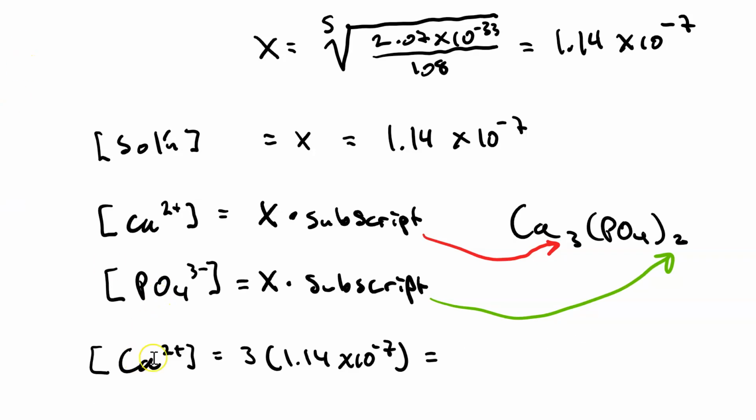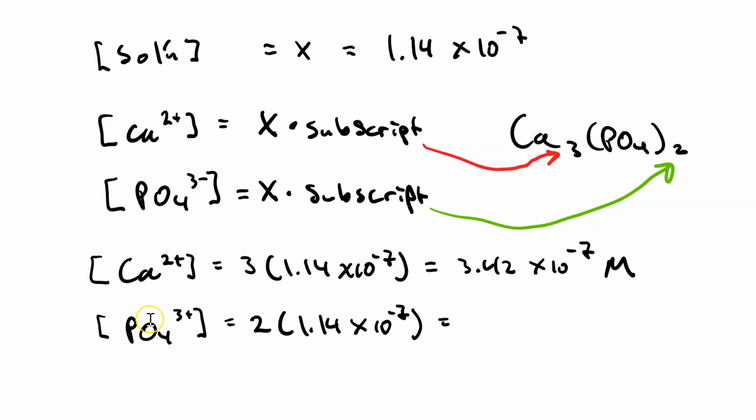So the calcium concentration is 3 times 1.14 times 10 to the negative 7th, which is 3.42 times 10 to the negative 7th molar. And the phosphate ion concentration is 2x, or 2 times 1.14 times 10 to the negative 7th, which gives us 2.28 times 10 to the negative 7th molar.